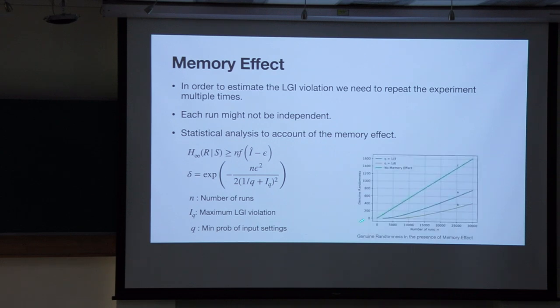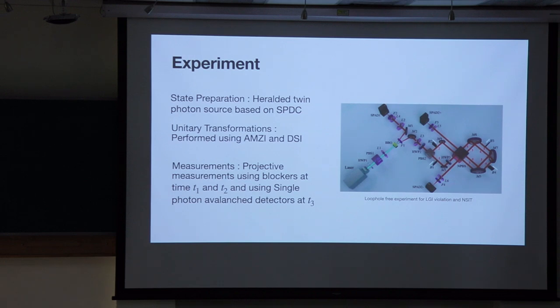Here we find that this is the line for no memory effect, and this is for memory effect. So in the presence of memory effect, we get less randomness. And also we see that if you choose the input settings with some bias, then you get even less.